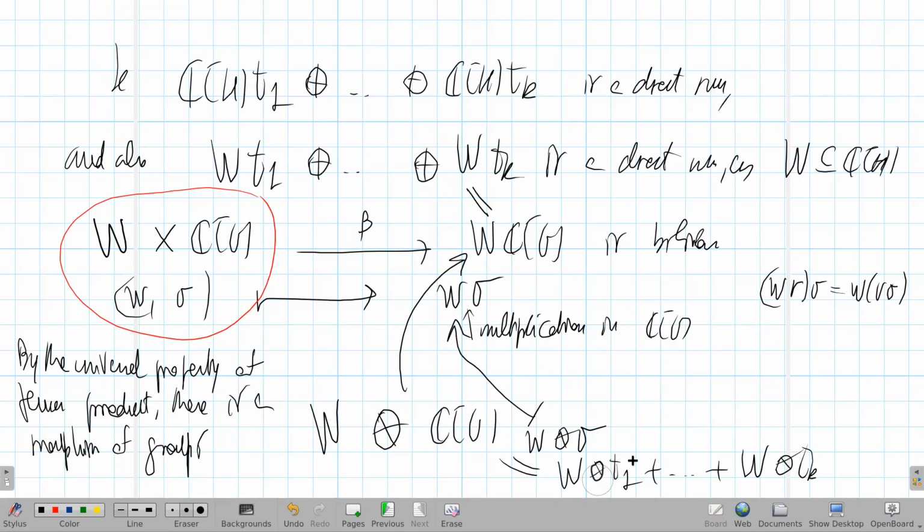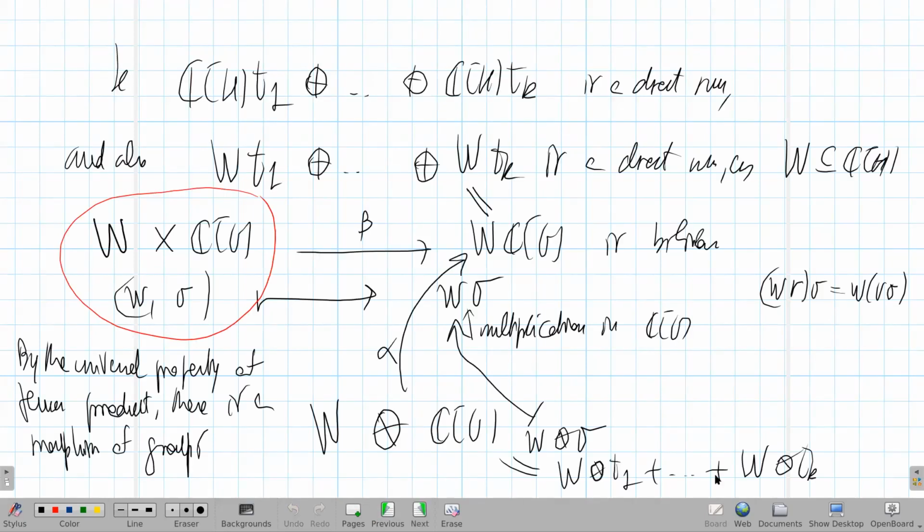And so it will turn out that this is also a direct sum. Let me think for a second. Yes, because this is alpha, in the notation of the universal property.